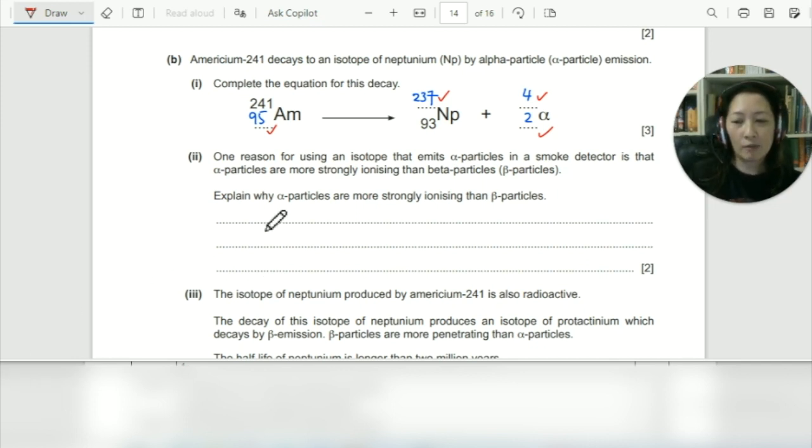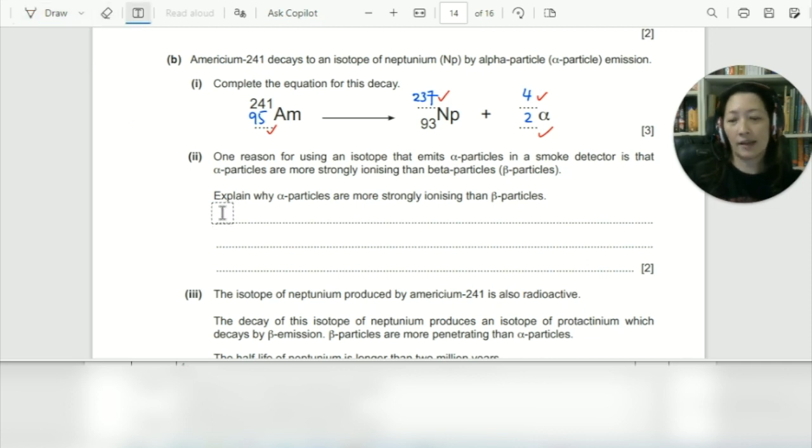So one of the reasons why alpha is so strongly ionizing is because it contains more charge than the beta particles. It has 2 protons, so a charge of positive 2, as opposed to beta, which is a single electron, negative 1. So having more charge makes it easier for it to attract the electron out from another particle, as opposed to beta trying to repel the electron out from the other particle.